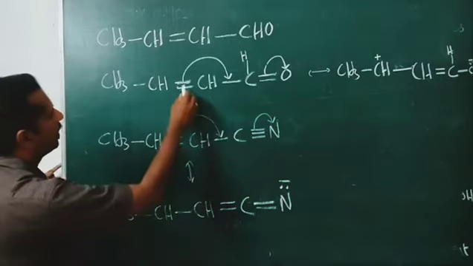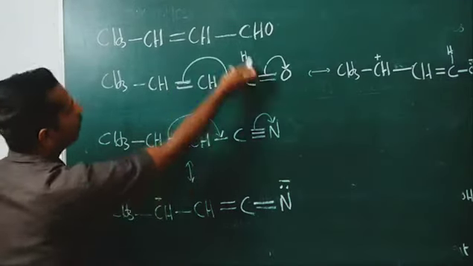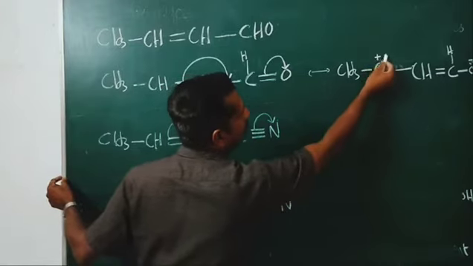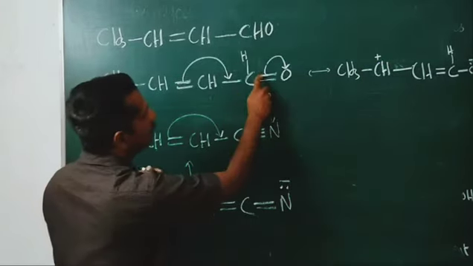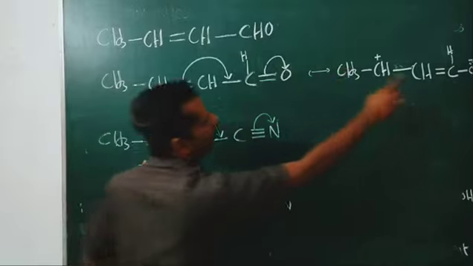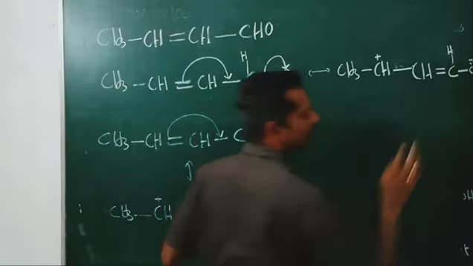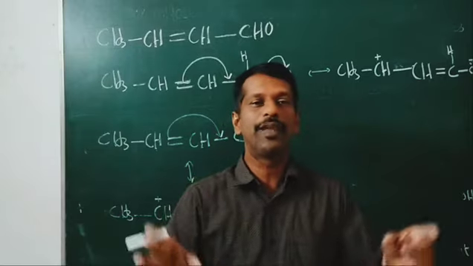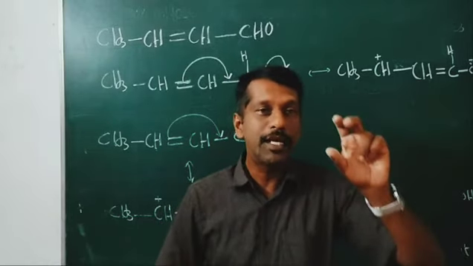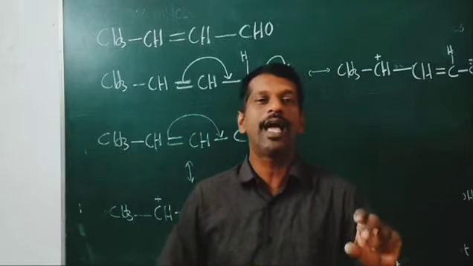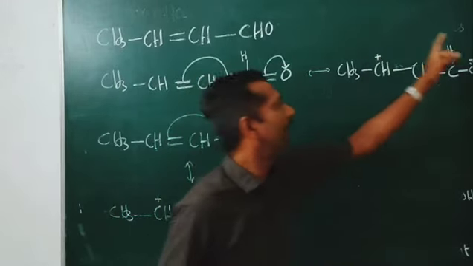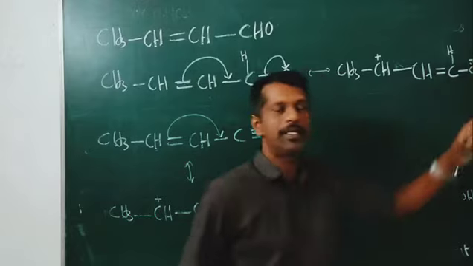Here you can see that since the electron is shifting from here, it is low electron density, and here a positive charge is created. Since this pair of electrons is shifting to oxygen, it is getting a negative charge, high electron density. So in certain molecules, centers of low electron density and high electron density are created. Here it is low electron density and here it is high electron density.